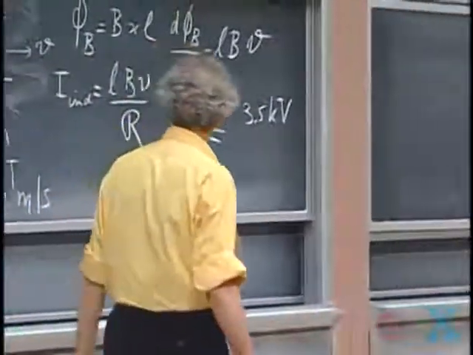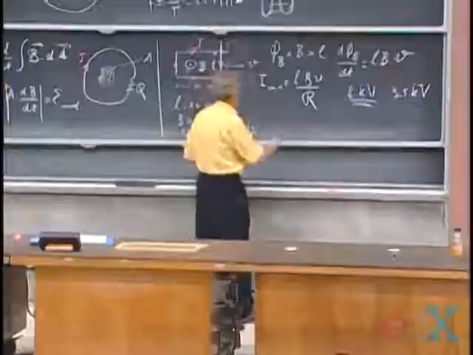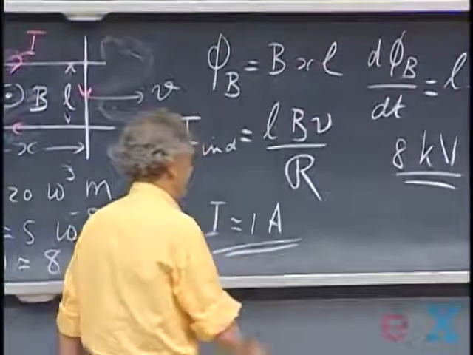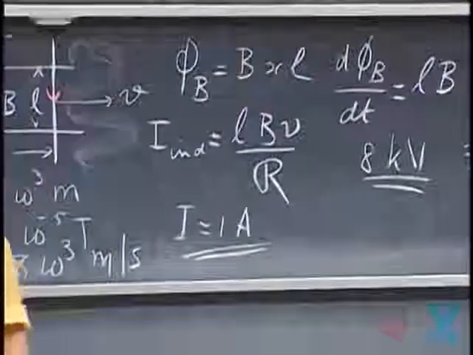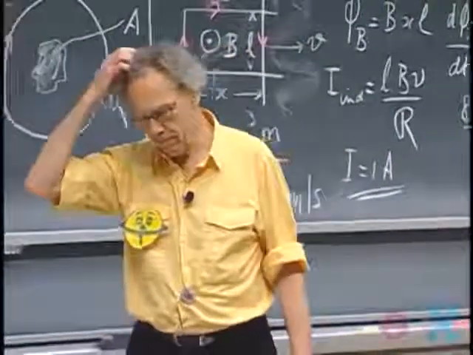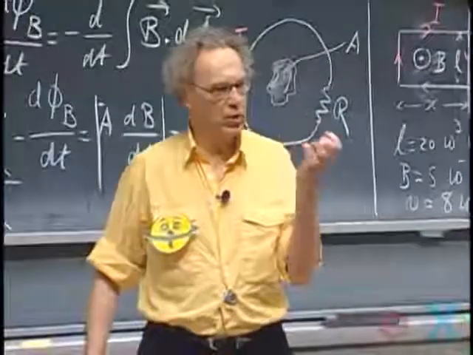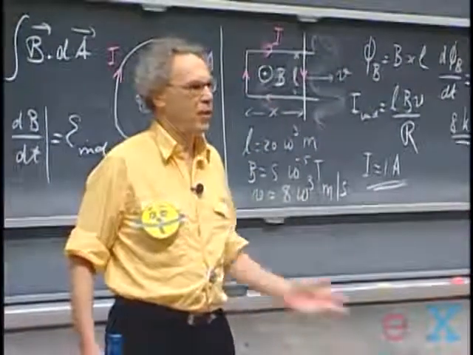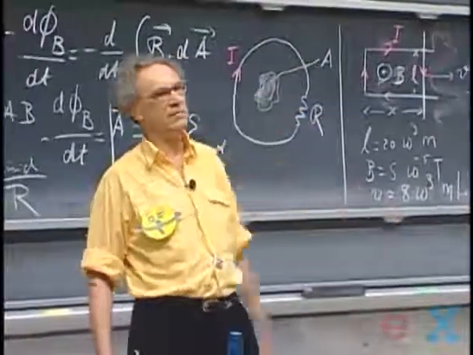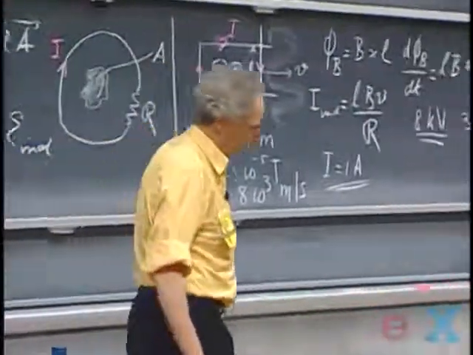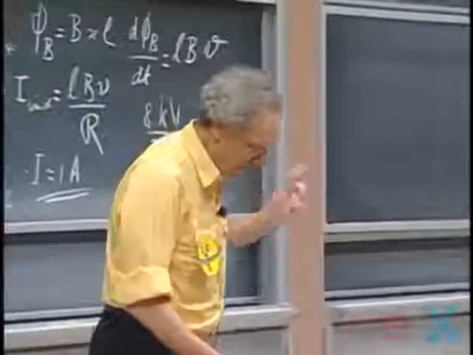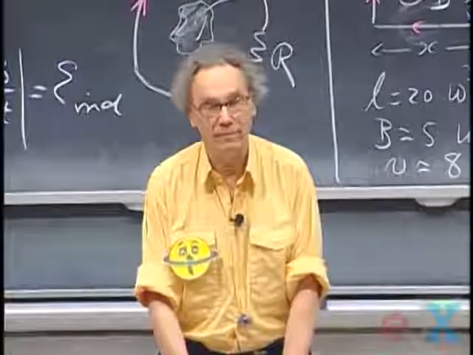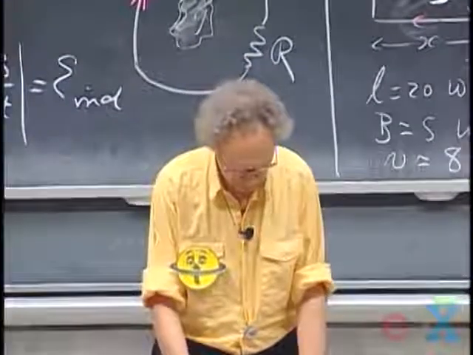But the net result was that they had a current I in their wire of about 1 ampere. It was very tragic, because this current was so high that the conducting wire melted, and the tether broke off, and very early on in the experiment, the tether separated from the shuttle. But it's a marvelous example of where you have motional EMF in space.